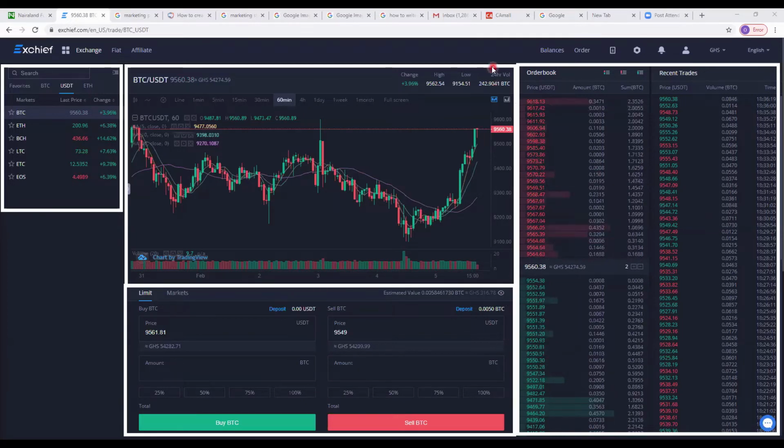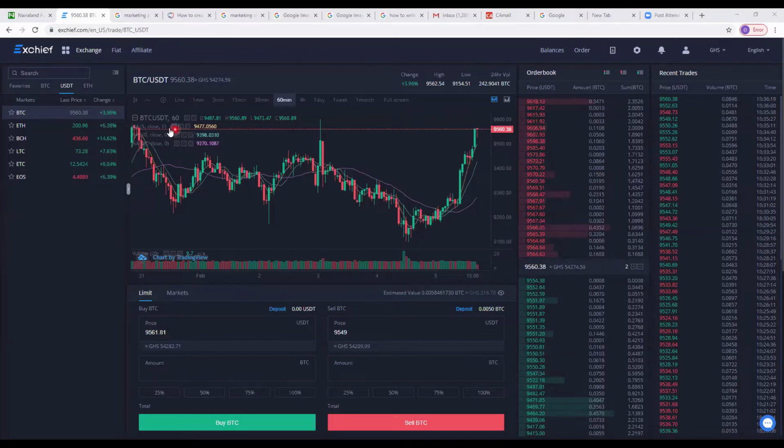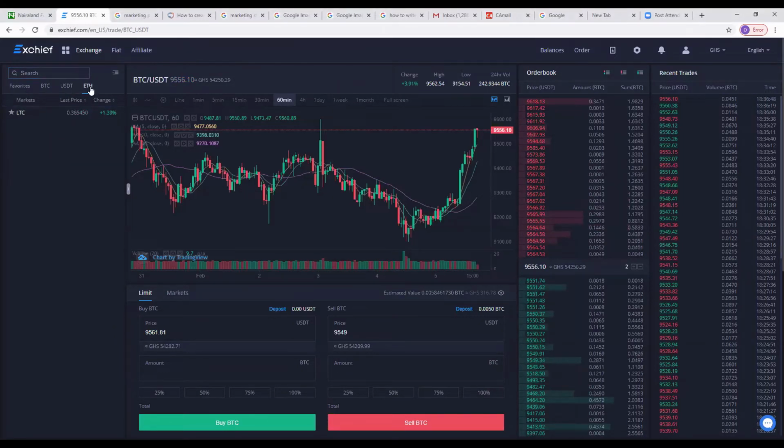Okay, so let's get started and see what the markets basically mean. When we say a market, we are just talking about a meeting point of buyers and sellers. In this area we have BTC, USDT, and Ethereum, that is ETH.